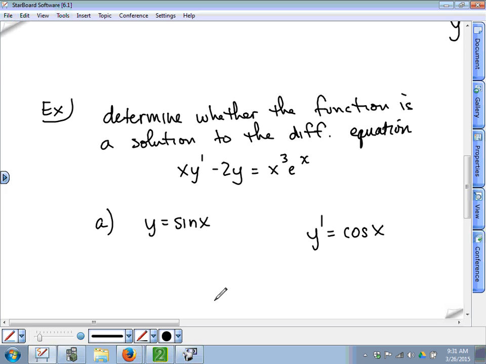So we can plug sine x for y and cosine x for y prime. And we can manipulate it until we figure out what x is. Well, straight up, it says determine whether the function is a solution. It might be no. This might not be a solution. It might be. So what are your suggestions?